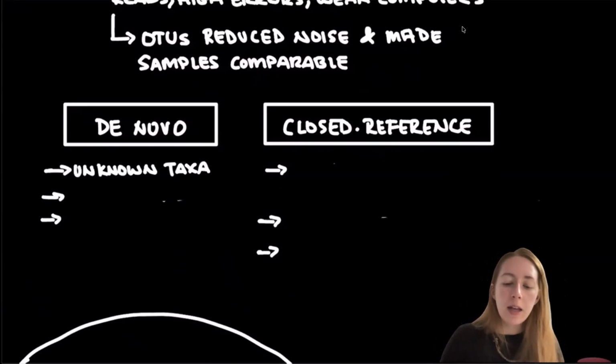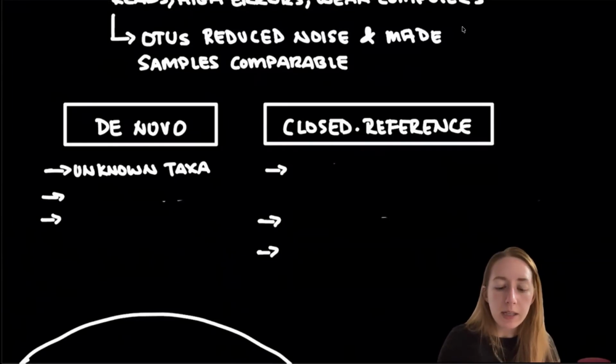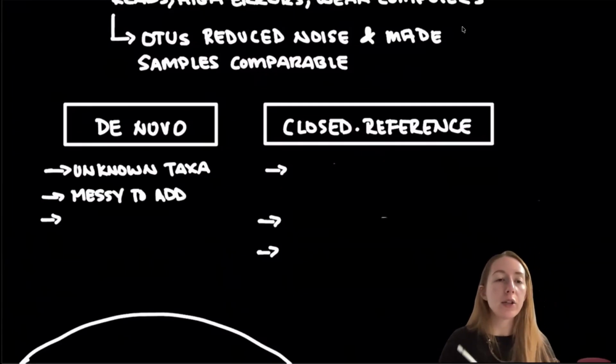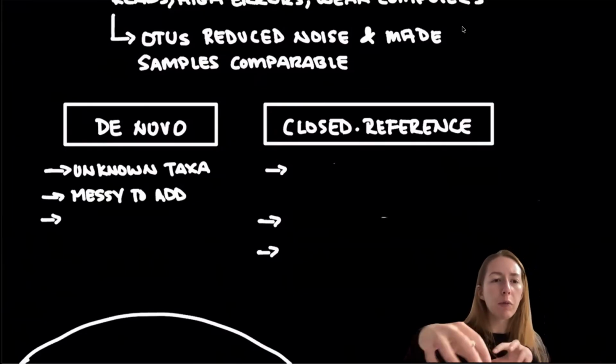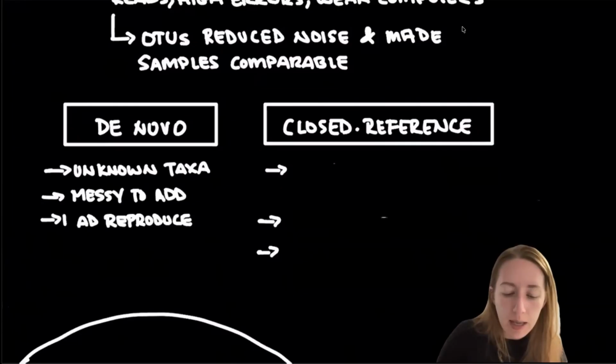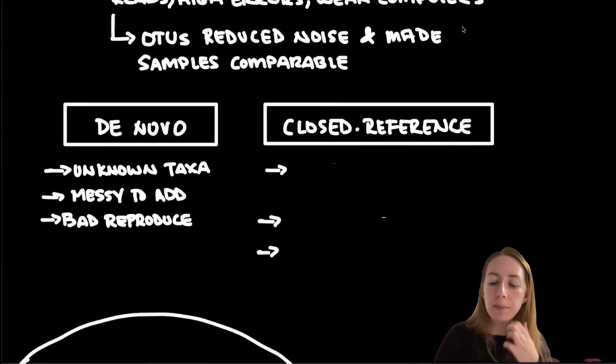What does this mean? De novo basically is grouping without a database. And so this is great if you have unknown taxa. However, things get messy if you want to add new samples, introducing new sequences, because then you'll have to rearrange all of the OTUs again, right? And it's not very reproducible because, again, it's so dependent individually.